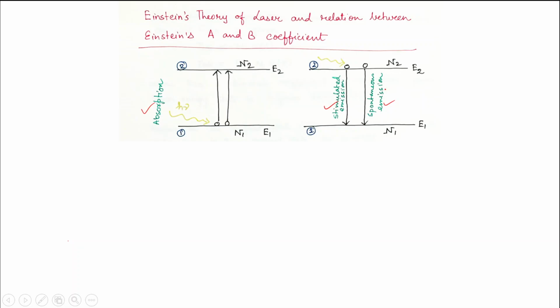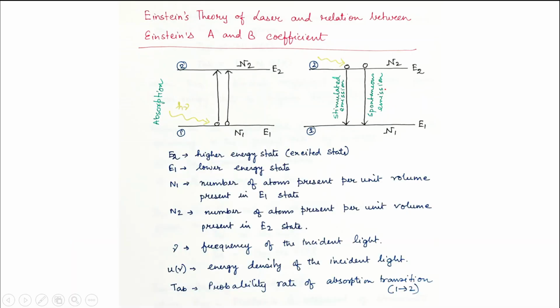Here we have considered an assembly of atoms which is in thermal equilibrium. The incident light on these atoms has the frequency nu. Let us have a look at the parameters that we have considered here. They are E1 and E2.